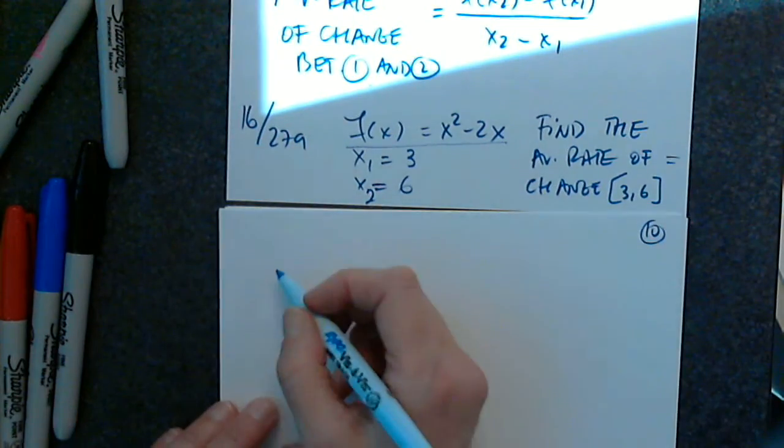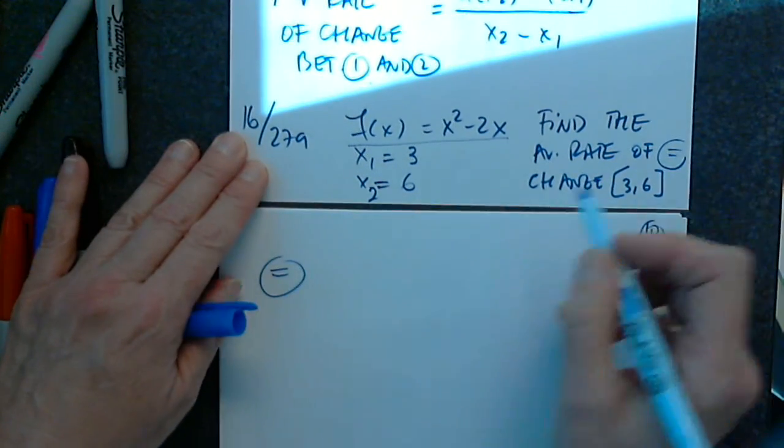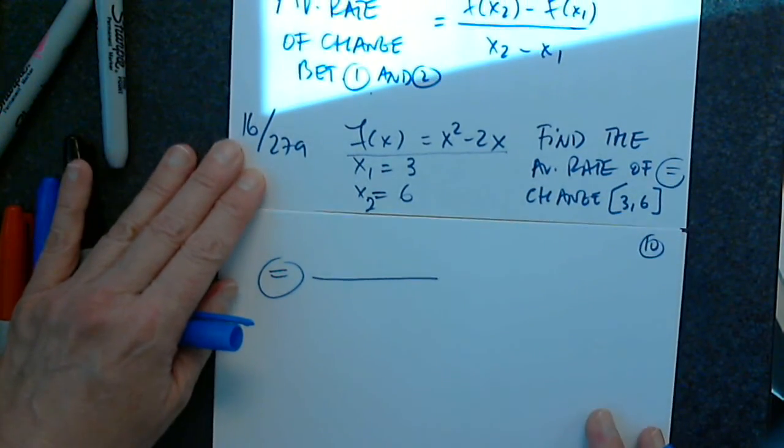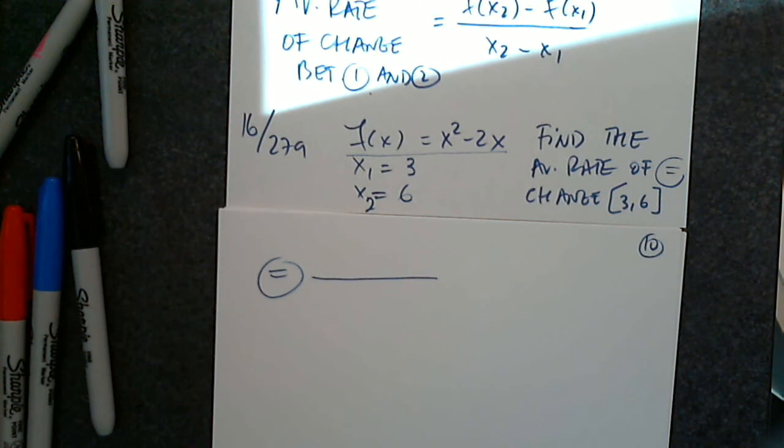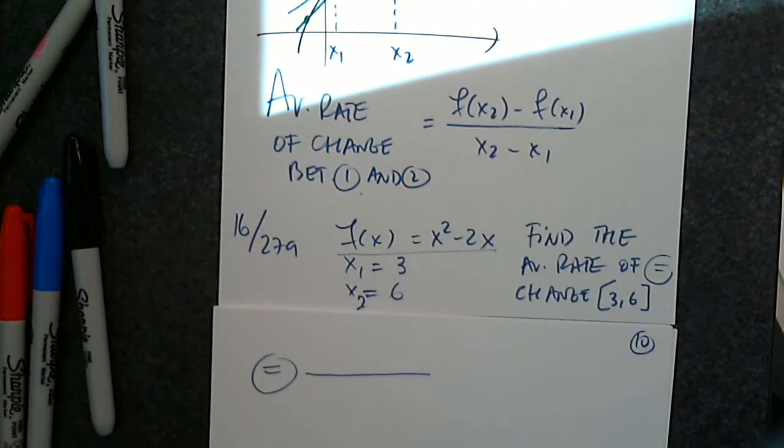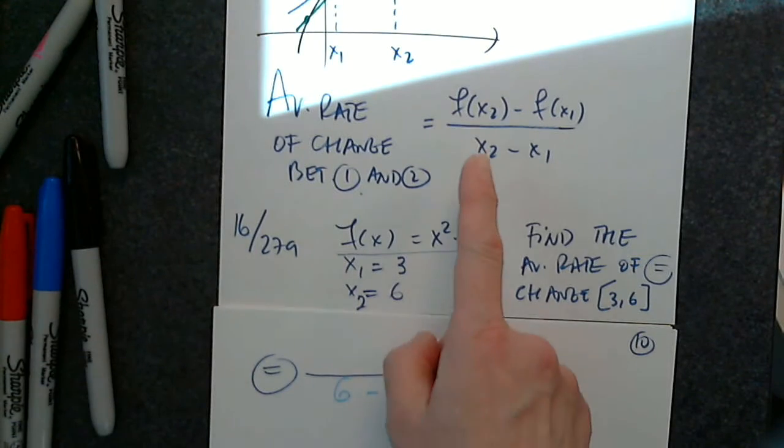So that equals here. Think of the formula and you'll tell me what to write. What do we have in the denominator, first of all? Excellent. What can we have in the numerator? We don't have it yet, but what should we have in the numerator?